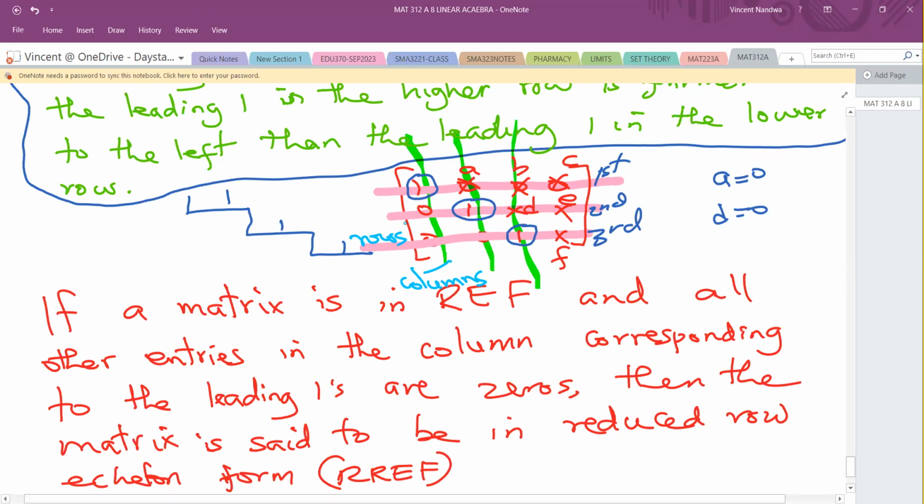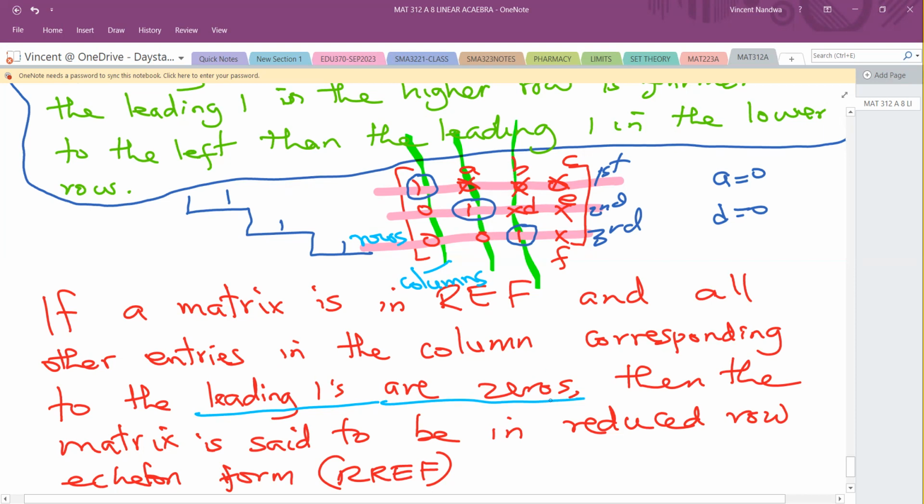That really doesn't test anything. We only test where there is a 1. So we are saying that if a matrix is in row echelon form and all other entries in the column corresponding to leading ones are zeros, then the matrix is said to be in reduced row echelon form.